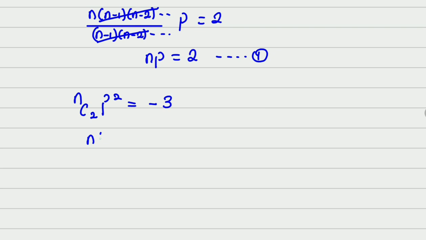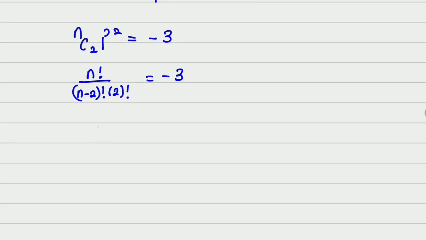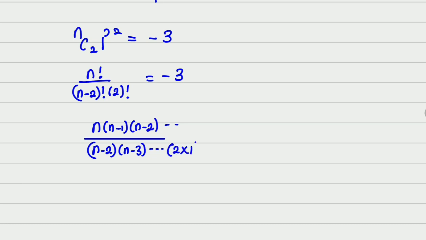Now this is going to be n factorial all over (n minus 2) factorial, then I have 2 factorial, equal to minus 3. Now this is n into n minus 1 into n minus 2, all over n minus 2, then n minus 3, it goes, and I have 2 times 1, that is 2 factorial, and p squared is equal to minus 3.